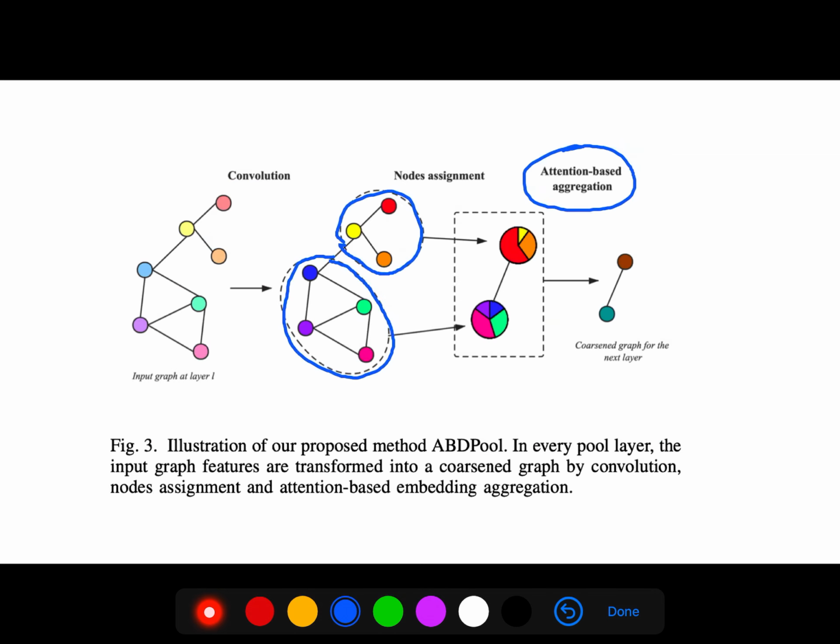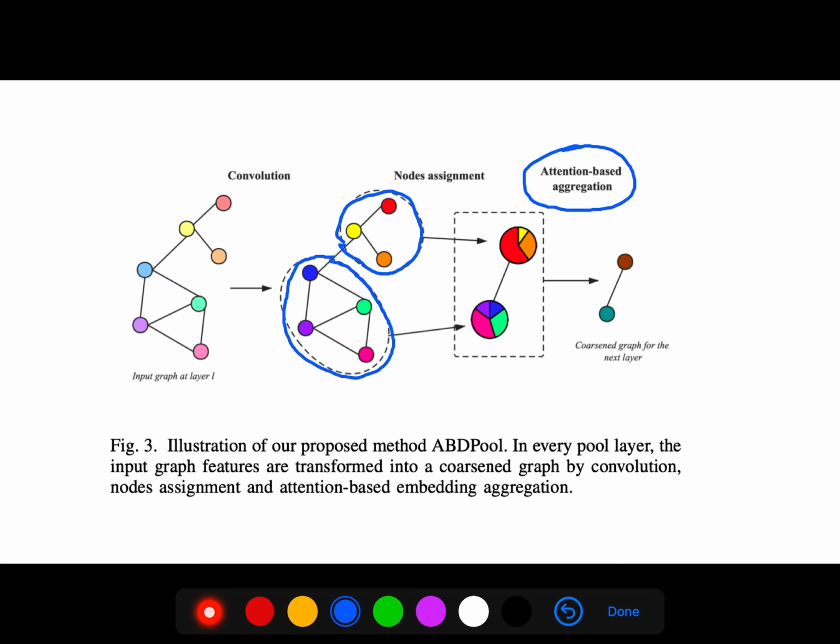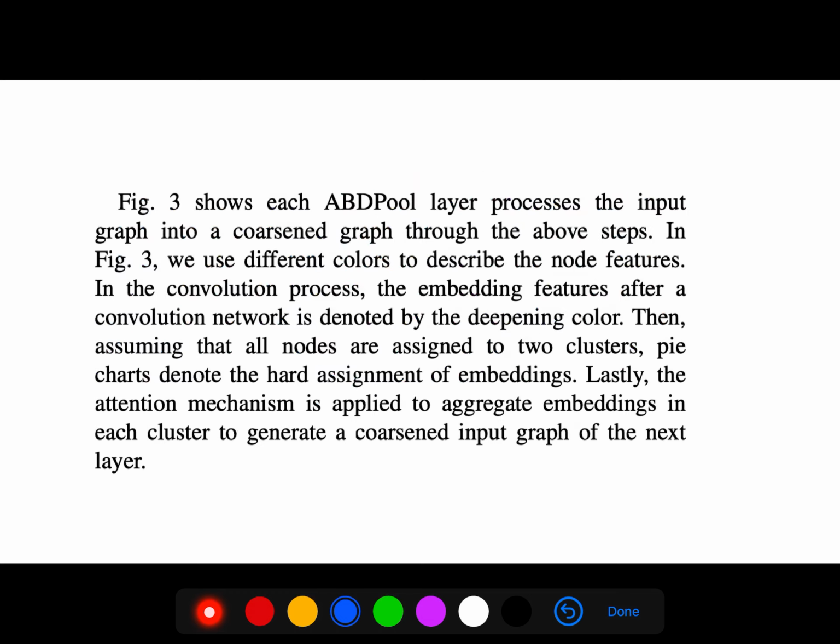So this figure, as you see here, shows each ABDPool layer processes the input graph into a coarsened graph through the above steps. And we use different colors to describe the node features.